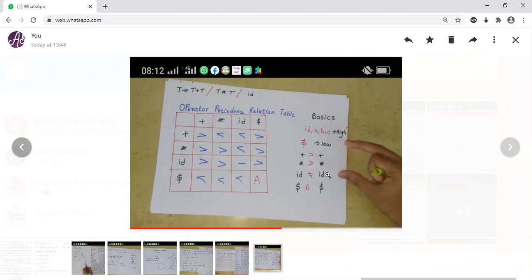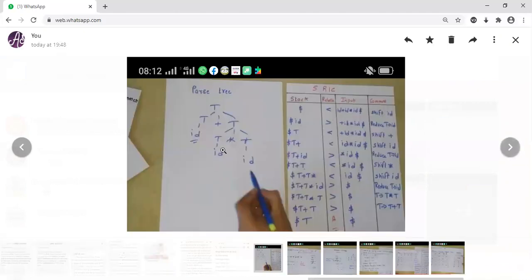Having the same ID back-to-back can't be permissible, can't be accepted. So it is not equal, and you may put a hyphen, and if dollar dollar is there, just put accepted over here. So this is the way. And ID always has higher precedence than the rest of the operators. So this is the way we complete this tree structure.